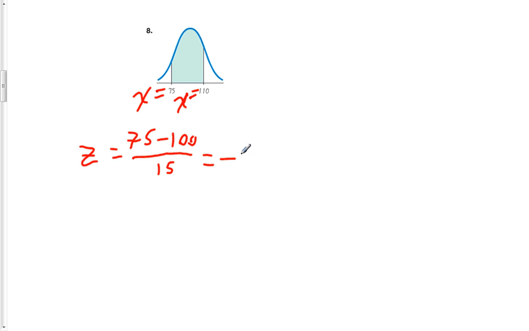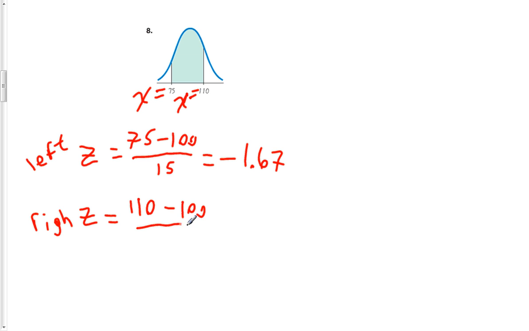We're rounding it to 2 decimal places, negative 1.67. And this is the left z-score. This is the left one. Now we're going to find the right z. The right z-score is going to equal, let's see here, we have the right z-score being 110 minus 100 divided by 15.